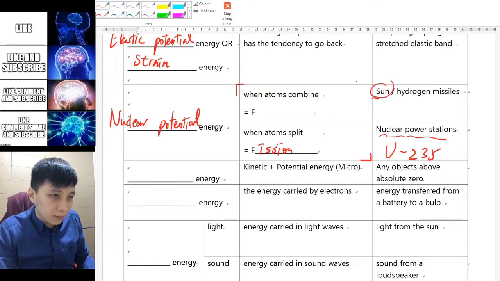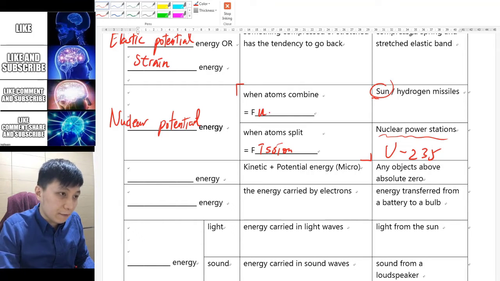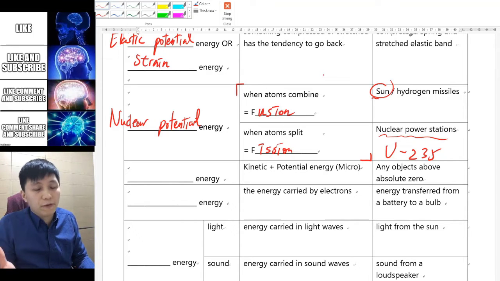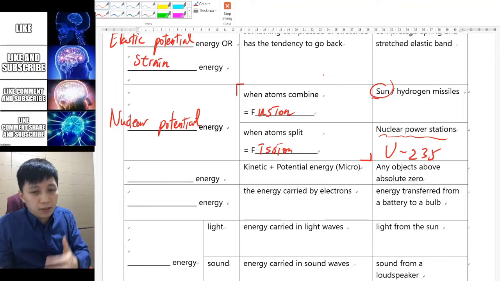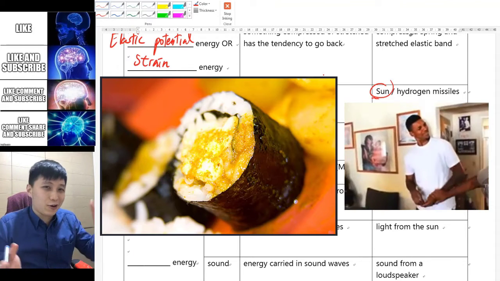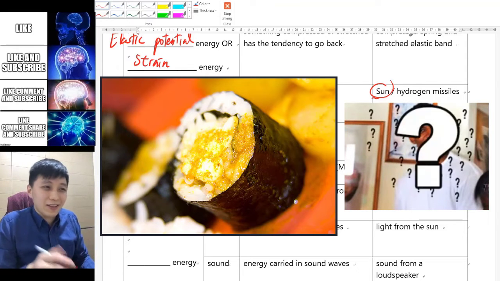As for the sun, actually the sun is doing something called nuclear fusion. Probably you have heard about the word fusion before, maybe in a restaurant. For example, the fusion cuisine of, I don't know, Japanese and Indian, curry on sushi, I'm just making it up. But that's the idea, right?